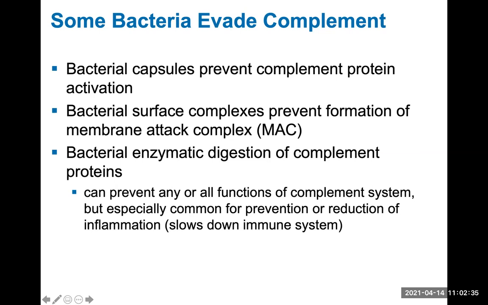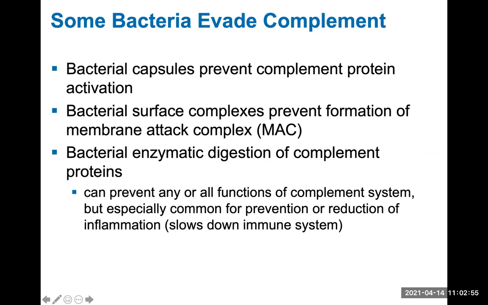And so they might have enzymes that only block one of the functions of complement, whereas others might even block all of them. It depends on which complement protein is being digested.